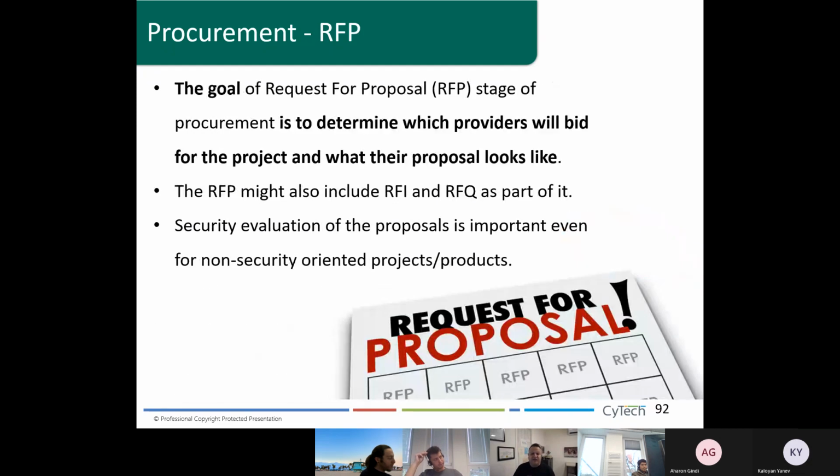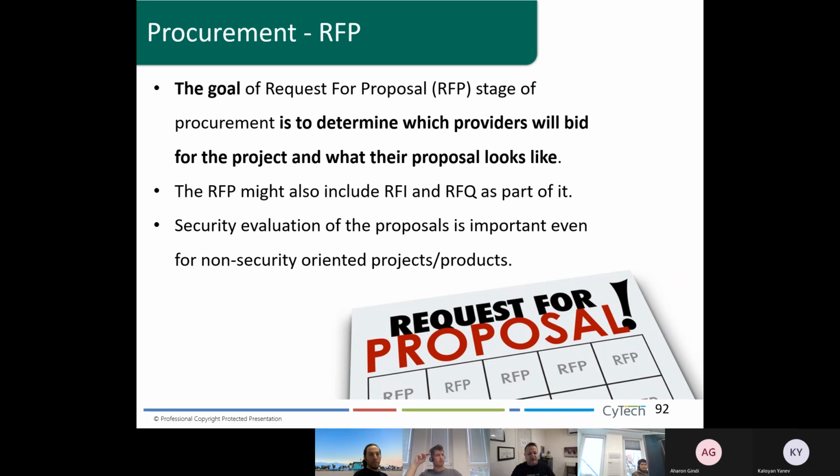The same thing for RFP. Now, we got the information that we wanted from the RFI. People explained to us about the network segmentation that we wanted to do. And now we ask for proposals. So the proposal is, again, reaching out to those vendors and saying, we need a proposal for 1, 2, and 3.